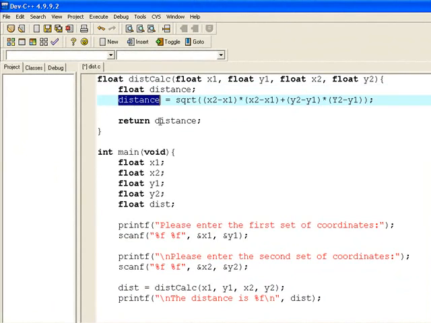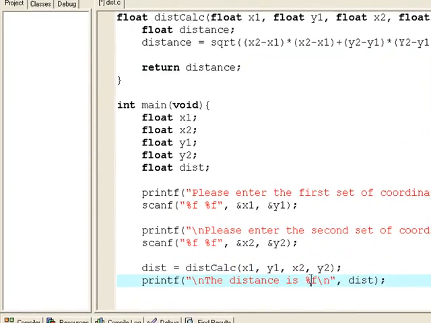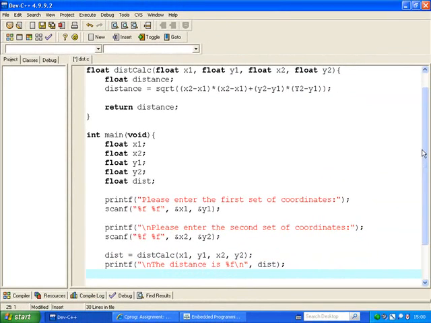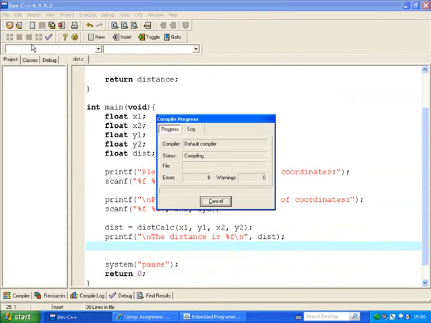That'll give us the calculation for the distance. It'll return the distance to us, and it'll put that in dist, and then we'll print out dist by saying the distance is %f.